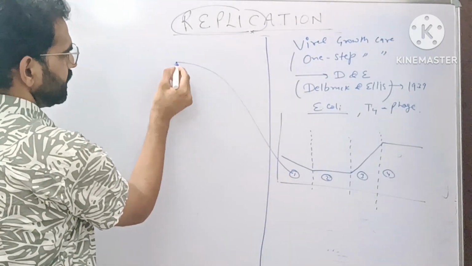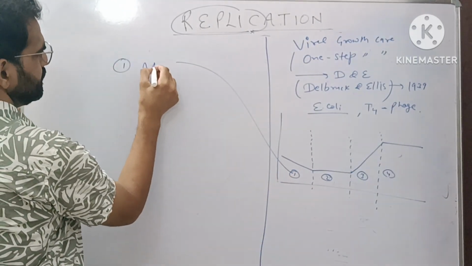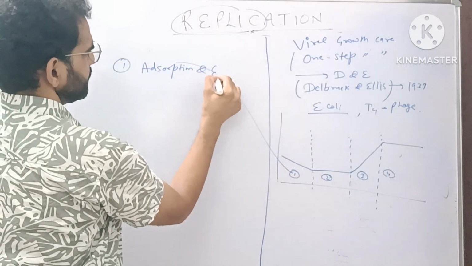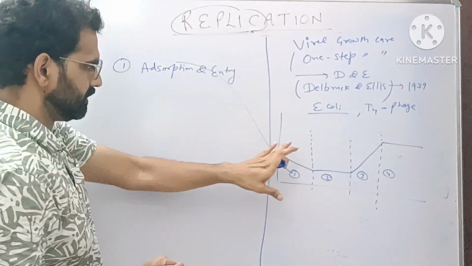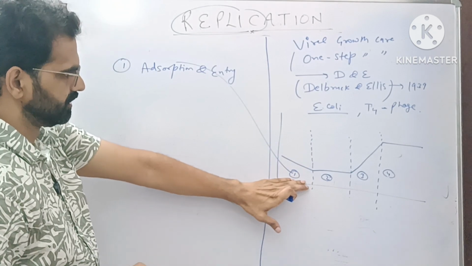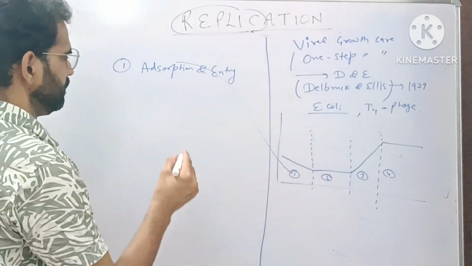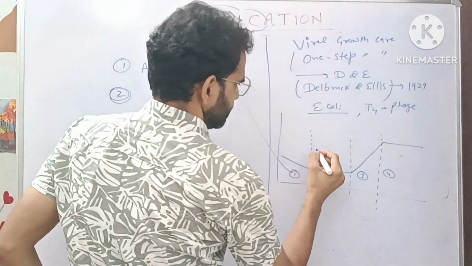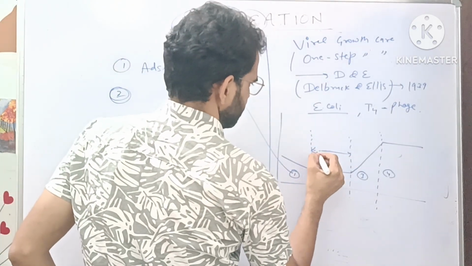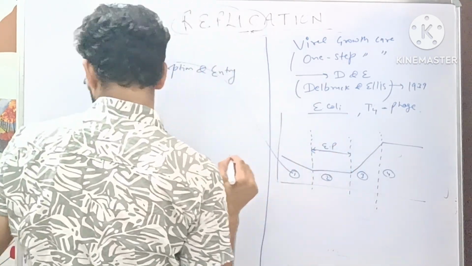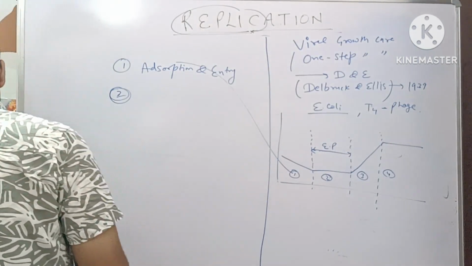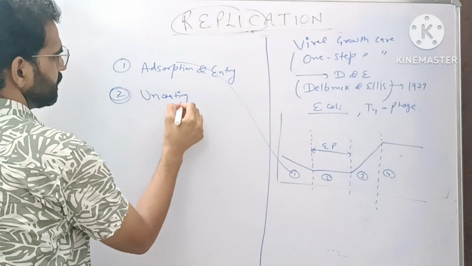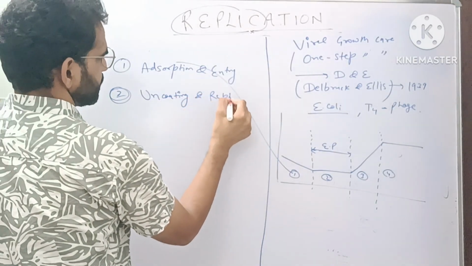This number one is adsorption and penetration or entry. Number two, this phase is known as eclipse period, EP, which involves uncoating and replication.